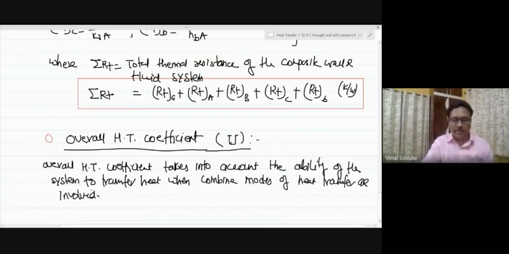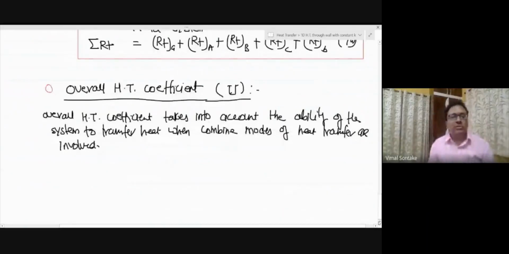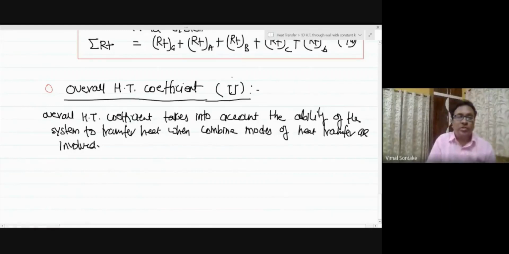Because what happens, thermal conductivity talks about the ability of the material to transfer heat by conduction. Similarly, heat transfer coefficient h talks about the ability of the fluid to transfer heat by convection. But when both the modes of heat transfer are involved in transferring heat, under such condition, U is going to help us.